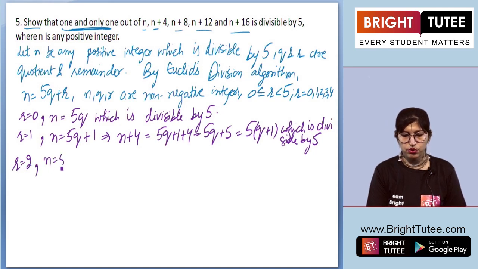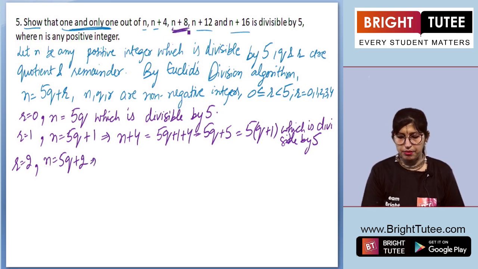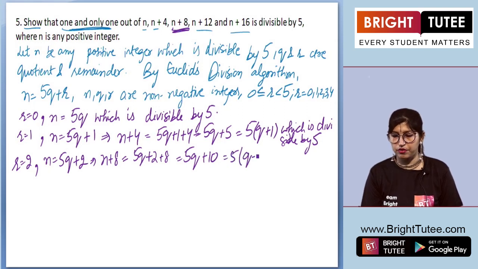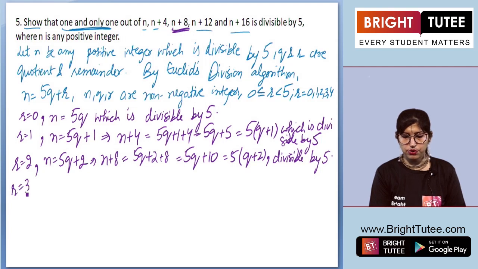If r equals 2, we get n as 5q plus 2, which says that n plus 8 is equal to 5q plus 2 plus 8, which is 5q plus 10. If we take 5 common, we're left with q plus 2, which is again divisible by 5.